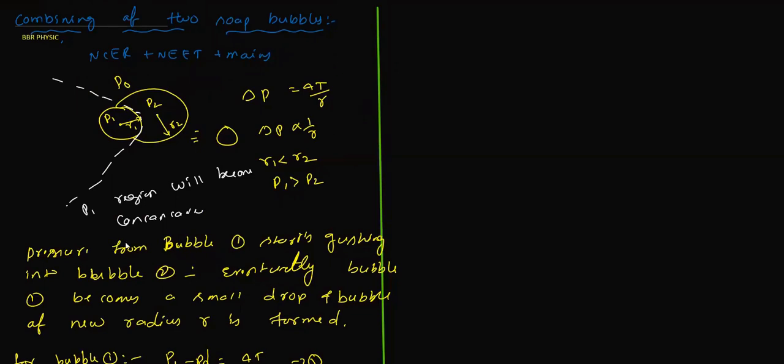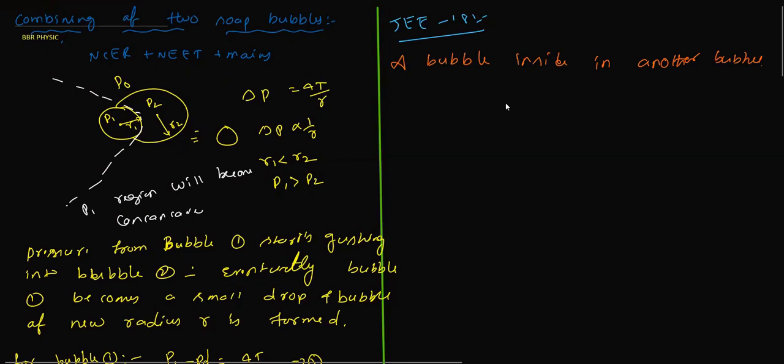Next, in JEE Main 2018 they asked one application. They asked about a bubble inside another bubble. For example, this is the outside bubble and this is the inside bubble.